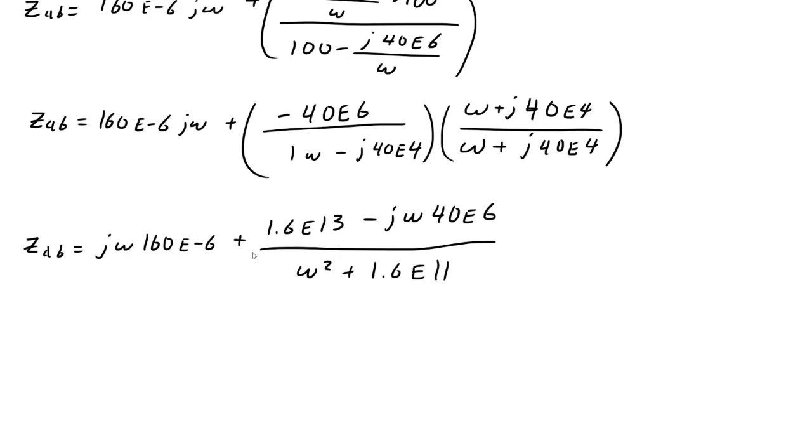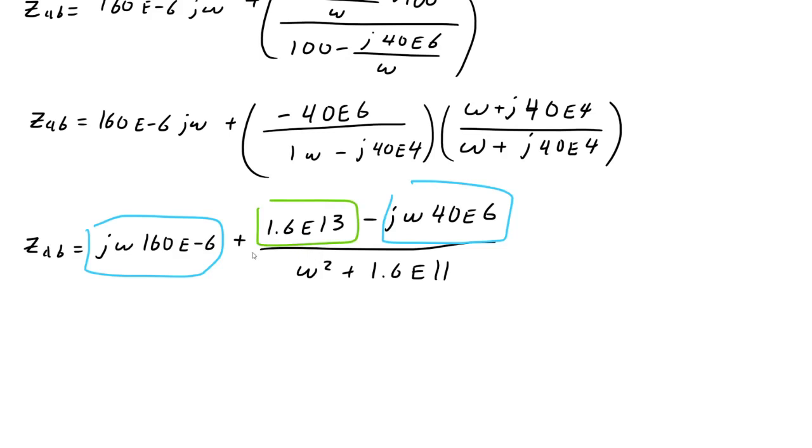Okay. Now, like I said before, if our impedance is purely resistive, basically that means that the imaginary parts right here are going to cancel out. So what we want to do is pretend that this doesn't exist when we solve for the frequency.